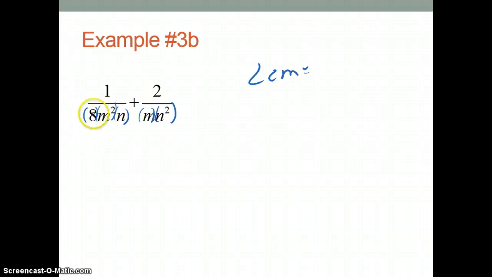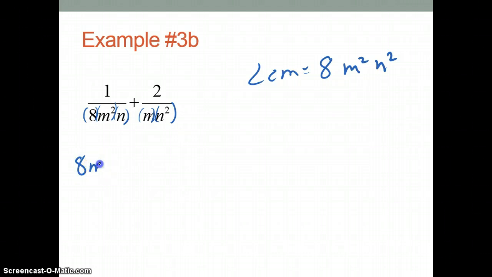If we look at the numbers, 8 is the largest number that occurs. And if we really wanted to break it down, we'd say 2 to the third, and then we'd look and see how many times 2 occurred. M squared and m, the highest one out of that is m squared. N and n squared, the highest one out of that is n squared. So our LCM, which we do want to write out here, is 8 m squared, n squared.